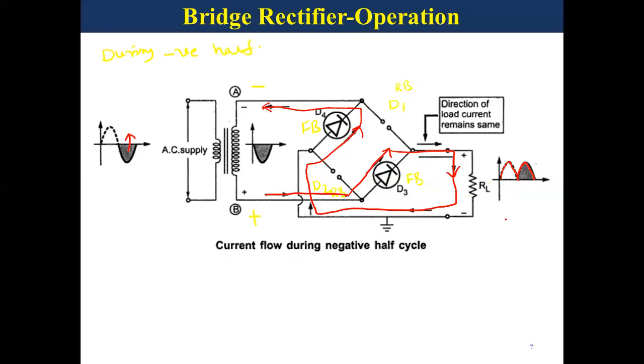During the negative half cycle of the input also, a positive half cycle is developed across the load, since the current direction is the same during both positive and negative half cycles. So there is a full load current for the full input cycle.